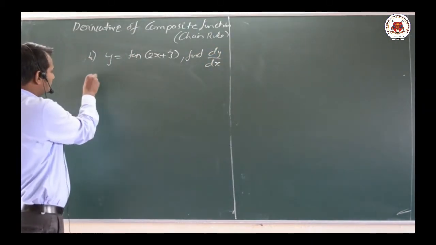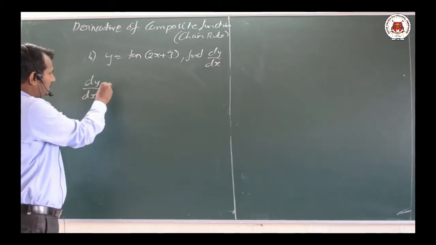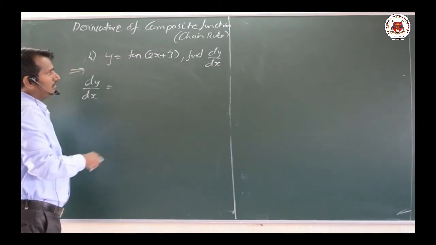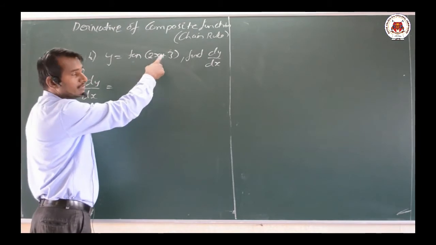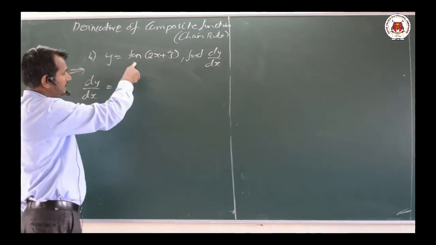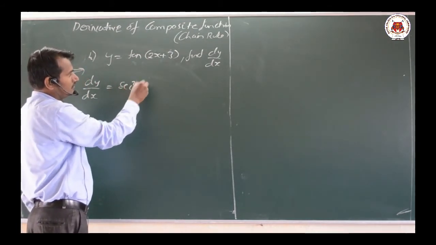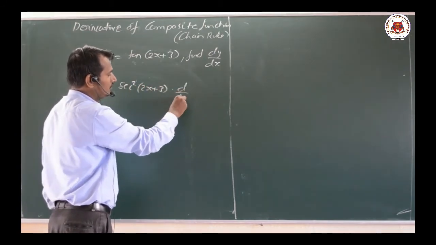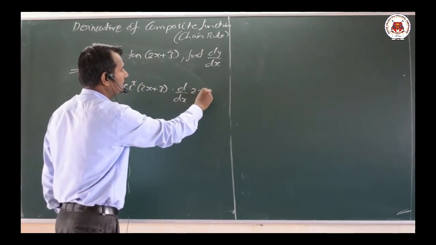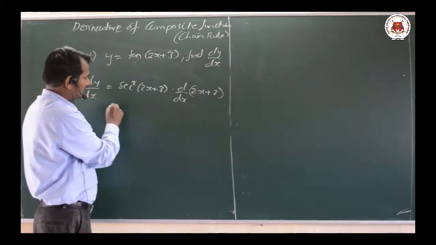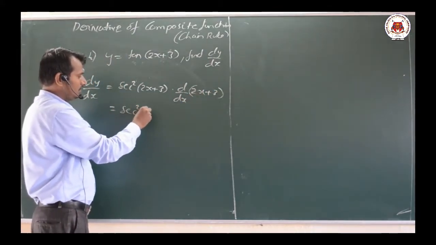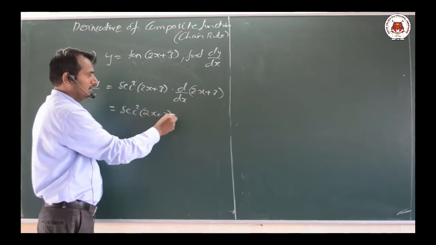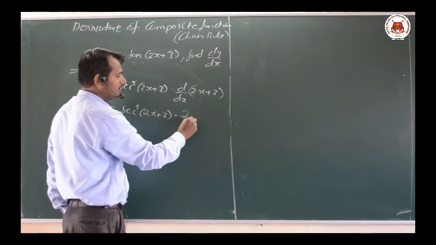It is very simple. dy by dx equal to, first of all, it is nothing but tan u, where u is equal to this whole value. Tan differentiation is secant square of the whole value, 2x plus 3. Further differentiation of u, that is nothing but here 2x plus 3. So what we get here is secant square of 2x plus 3 into 2x differentiation, which will be 2.